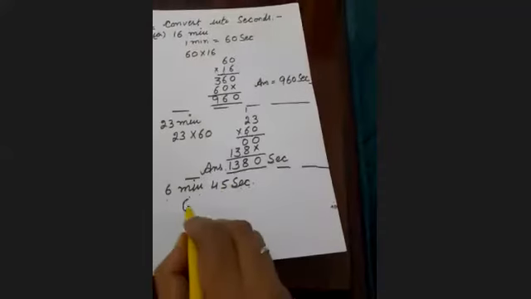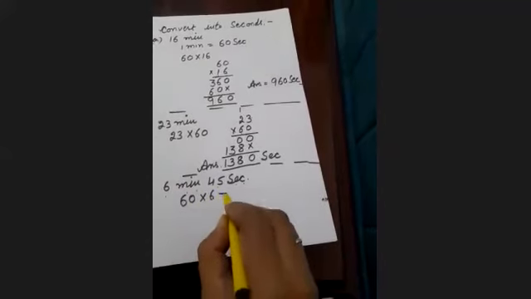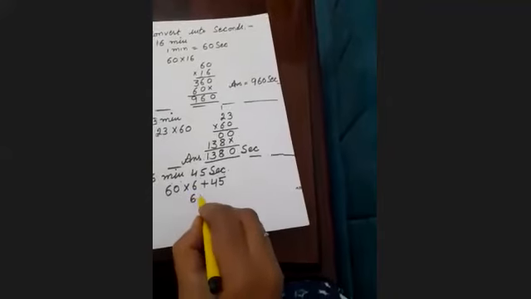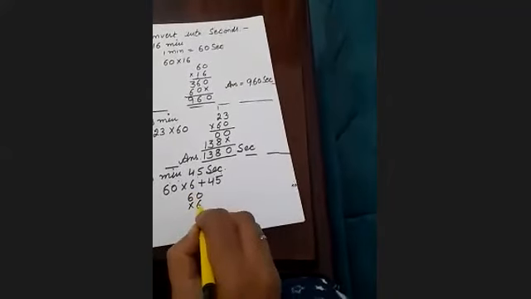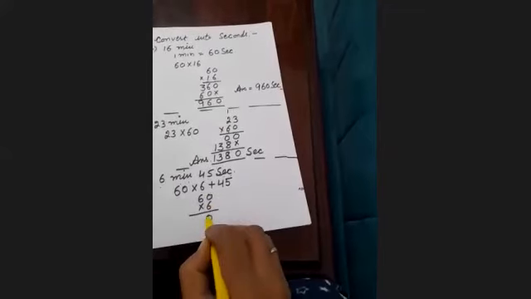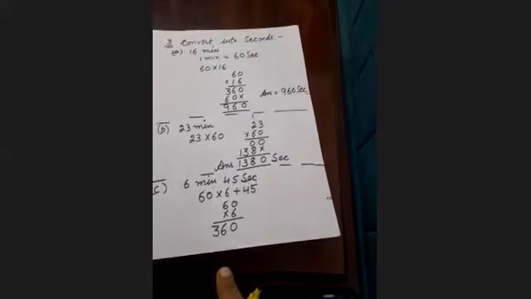So we'll write 60 multiplied by 6 plus 45. 6 sixes are 36.